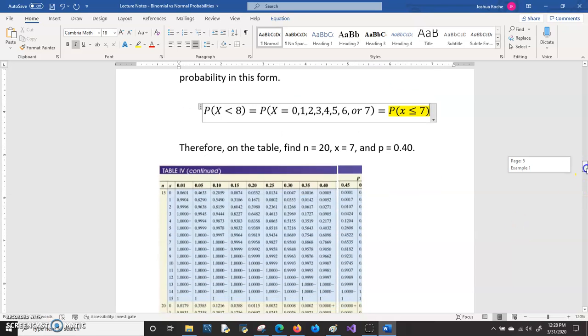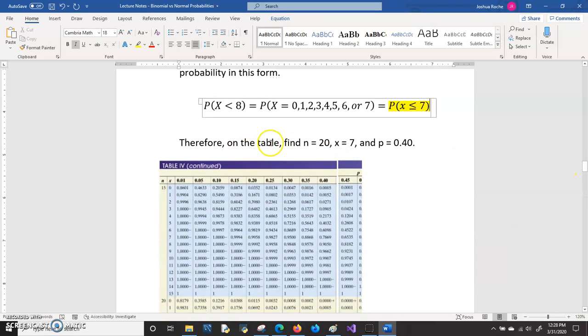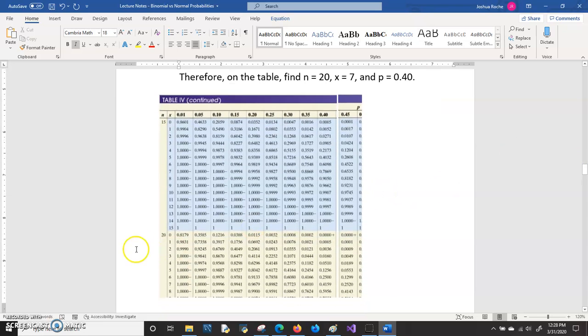So if you're using a table, you would go to Table 4, look for an n of 20, here's an n of 20, look for an x of 7, here's 7 for the x's, and on top are the p's. We want to find the p of 0.40.